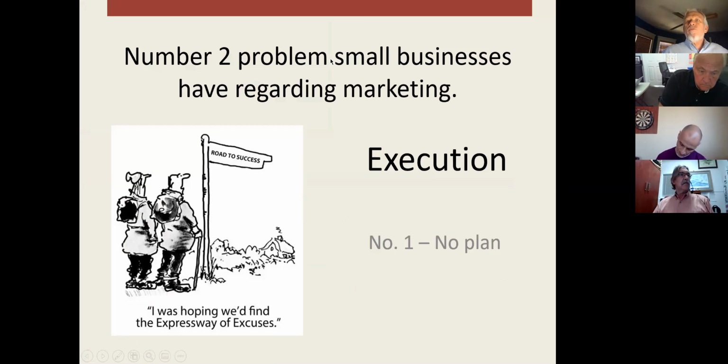In terms of marketing, not business itself, the number one problem is really there's no plan. So we've talked about all of these things you do to get ready to build a plan, and you build a plan. And then how do you actually put the final pieces together, and how do you really start executing it? That's kind of what we'll do here today.